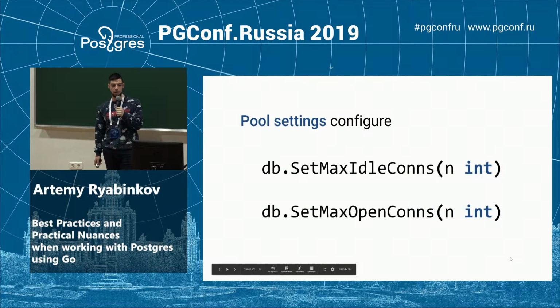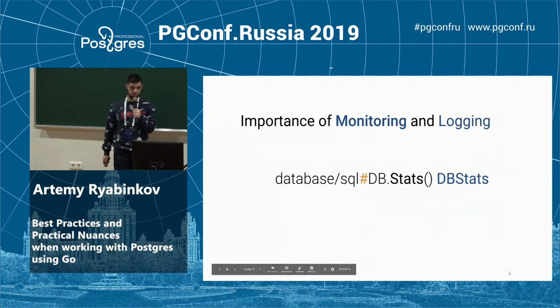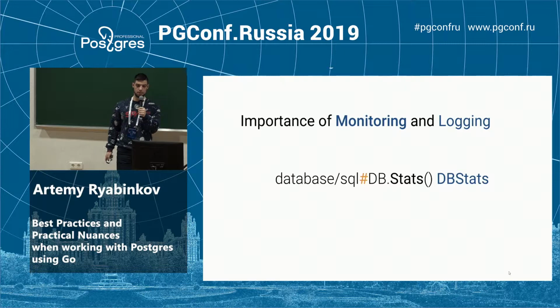And what could we have done to avoid this? First of all, you need to set up your pool. The standard database/sql package has two settings that allow you to limit the pool. Please use them. And apart from that, it would be good to monitor.